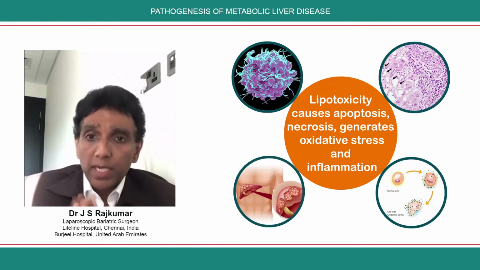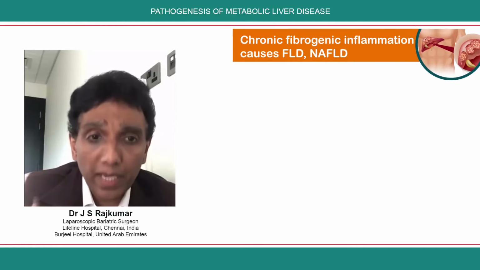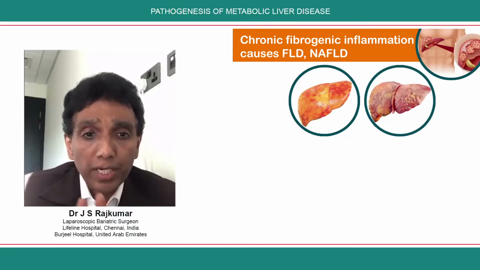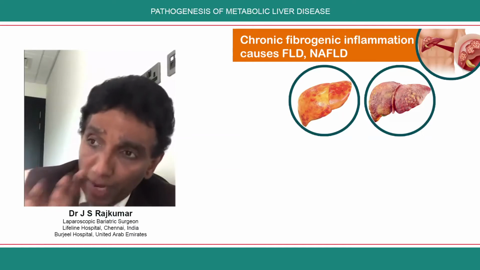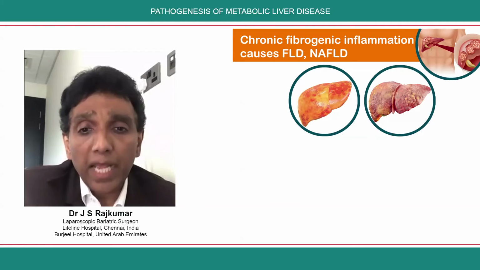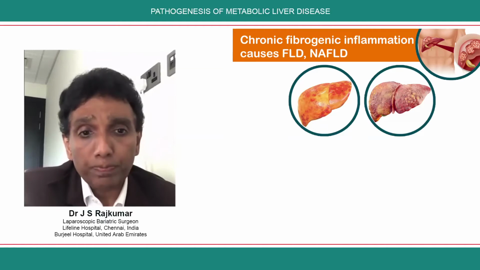In other words, this liver is subject to a chronic fibrogenic inflammation, which in turn leads to insulin resistance, leads to fatty liver disease, and then on to the NASH and the NAFLD or non-alcoholic fatty liver disease group.